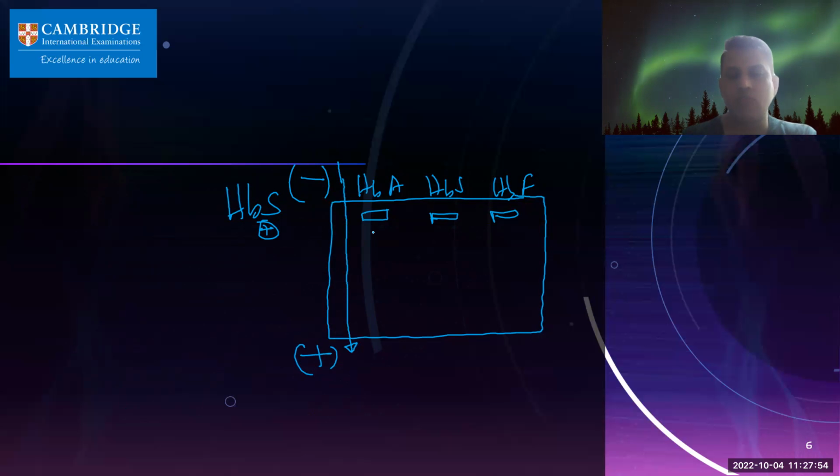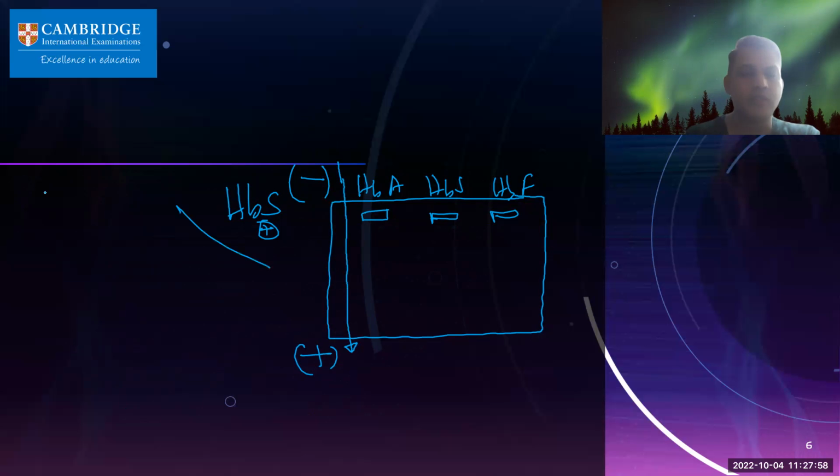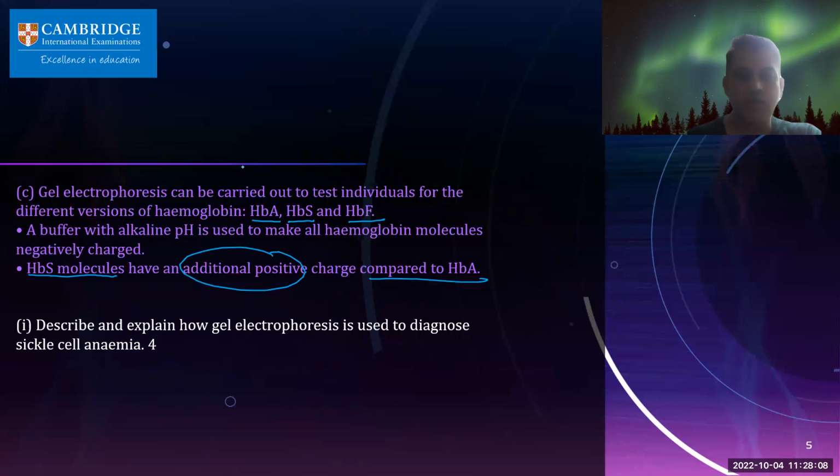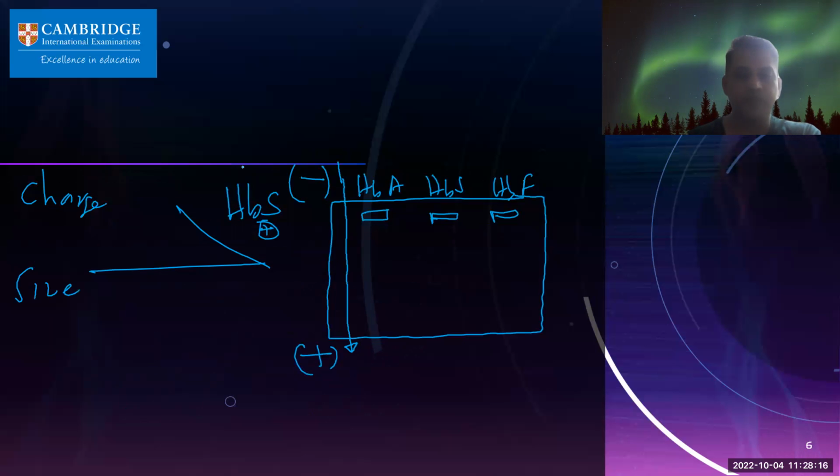The distance moved by the protein molecules is decided by the charge and the size of the molecule. In this case, we don't have a clue about the size of the protein molecules. If we assume the molecular size is the same, only hemoglobin S has the additional positive charge.